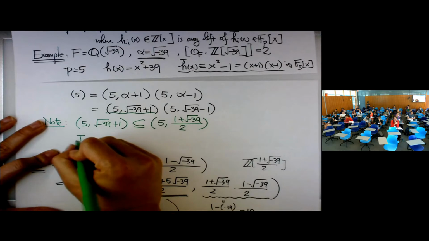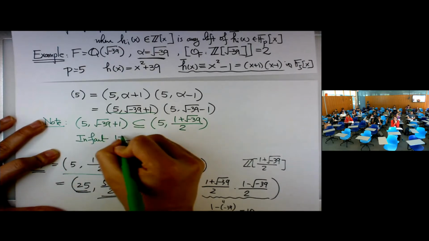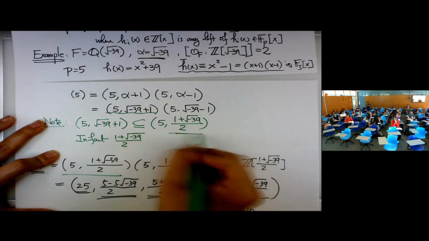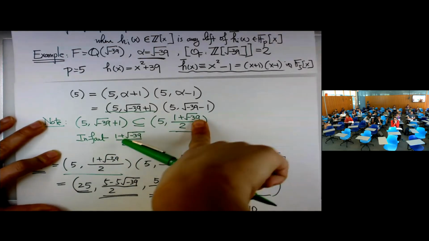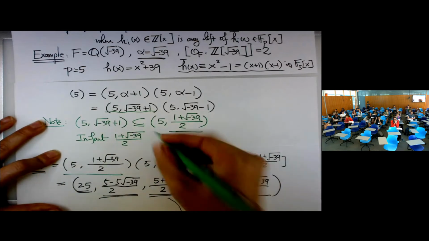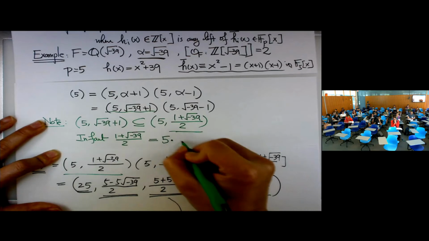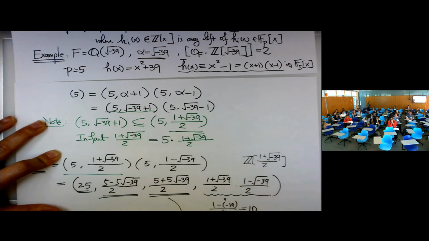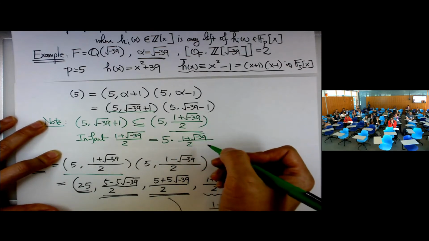In fact, if you take the element in the second, one of the generators of the second ideal, which doesn't look obvious coming from the first one, you can write it as: remember 1 plus root of negative 39 over 2 is an element in the ring of integers.